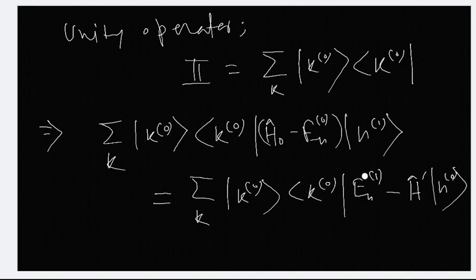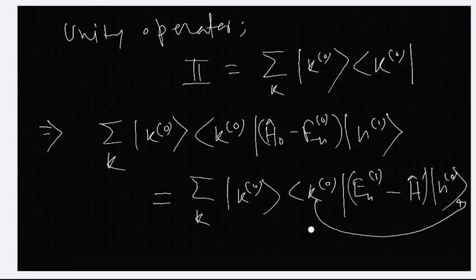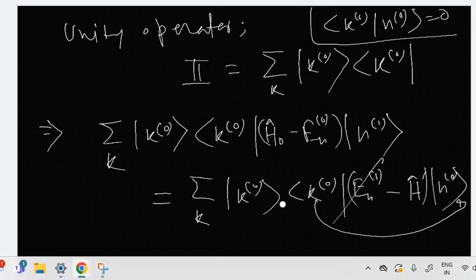So this is a number, so you can split this in two terms. The first term, En1 ⟨k0|n0⟩, is a number, and |k0⟩ and |n0⟩ are orthogonal, so ⟨k0|n0⟩ equals 0. So the first term will go.